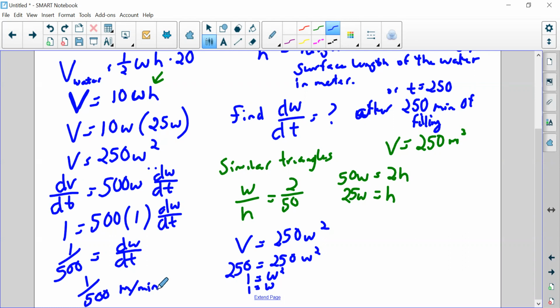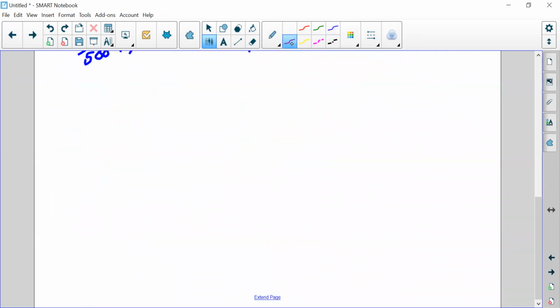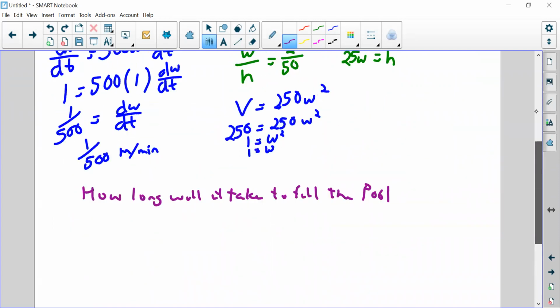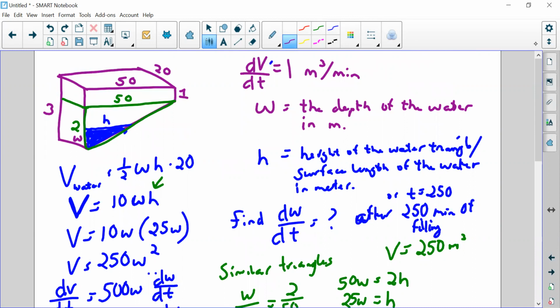Okay, how long will it take to fill the pool? Part B. So what do we need to figure out how long it will take to fill up that pool? The volume of that trapezoid prism.